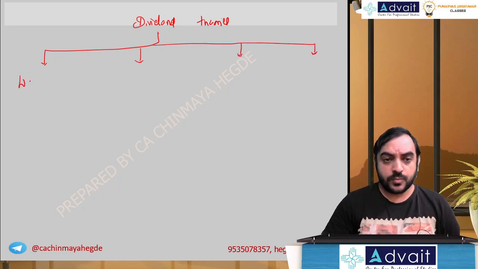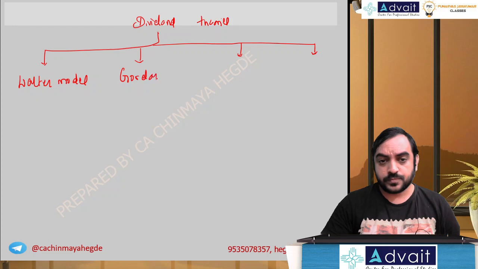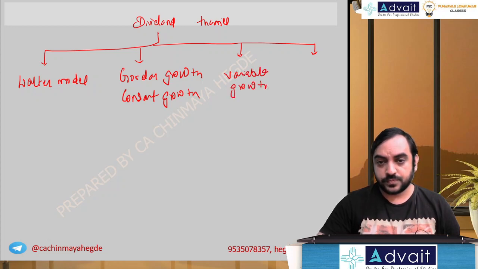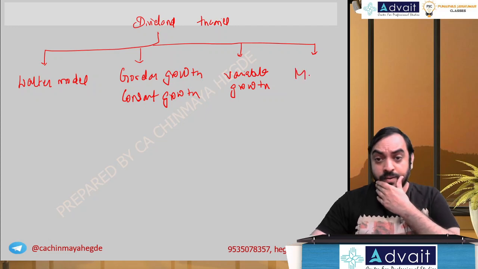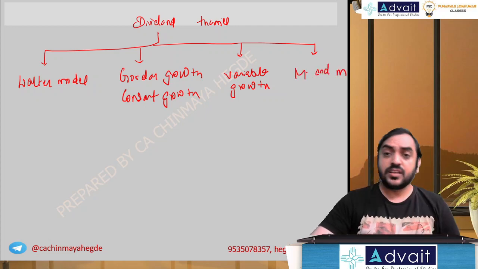We have the Walter model, the Gordon growth model, also called constant growth, then we have dividend variable growth, and we have M&M, the Modigliani and Miller approach.